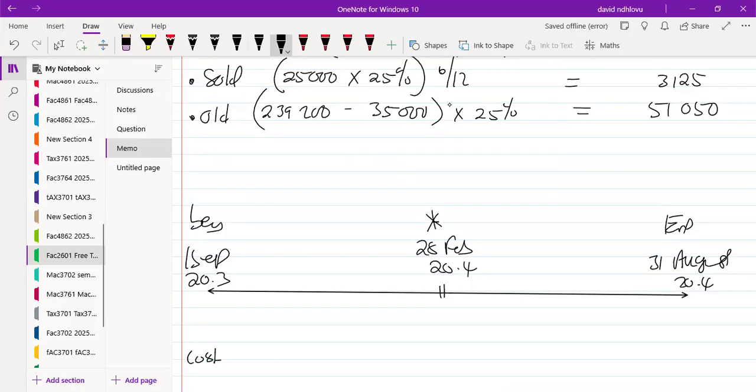So what we are saying, from the value that we're having at the beginning of the year, remember here we'll be having only the old vehicle before any changes, or we'll be having the old vehicle inclusive of the vehicle that we eventually sold.